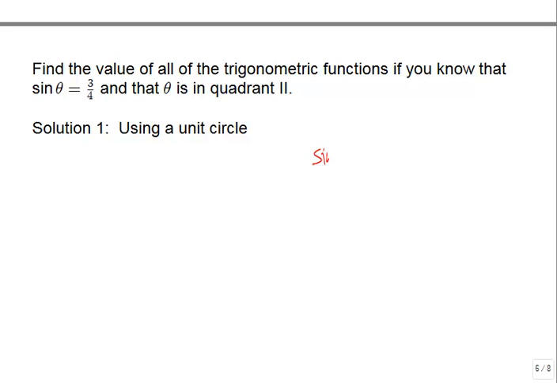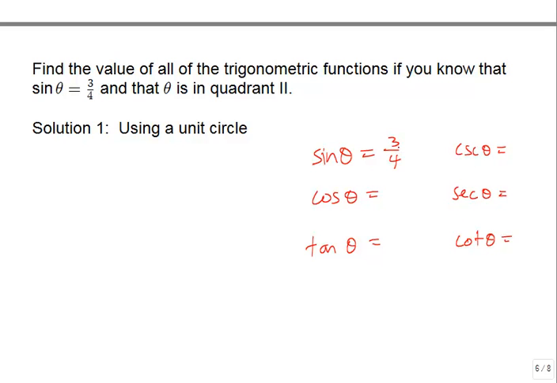So we're looking to find sine of theta, cosine of theta, and tangent of theta, and then the reciprocals, cosecant, secant, and cotangent. Now the only one of these that we know is 3/4, which is equal to sine. Because of that, we should also know that the cosecant, the reciprocal, would have to be 4/3. Based on just that, we need to figure out what these other 4 are.